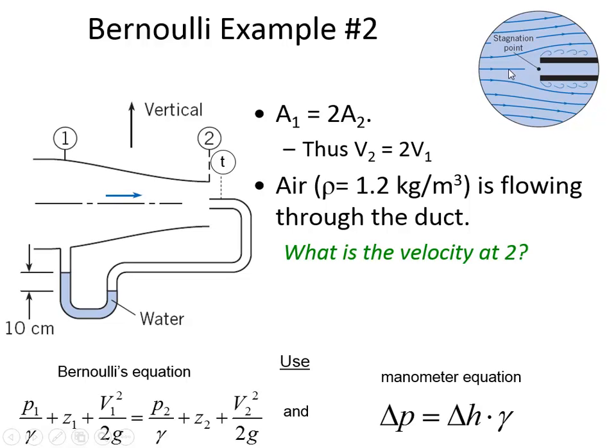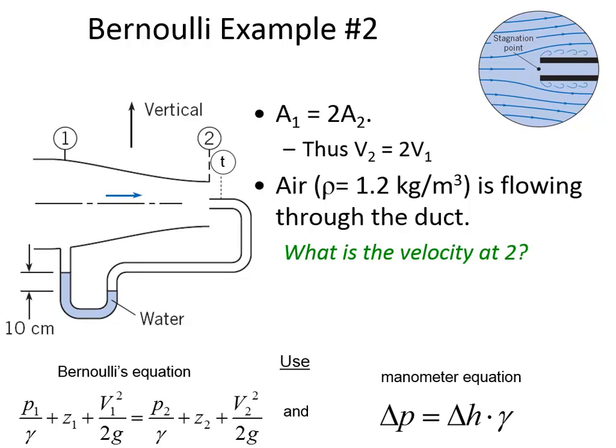One of these streamlines is stopping right at the mouth of the tube. And all of the velocity energy is being turned into a little bit of extra pressure at the opening of that tube. If you look at the water deflection here, the water is lower here than it is there. And so that means that the pressure is higher in here.